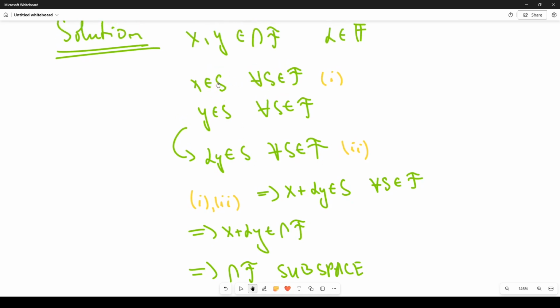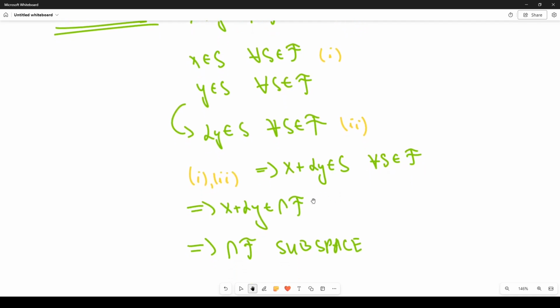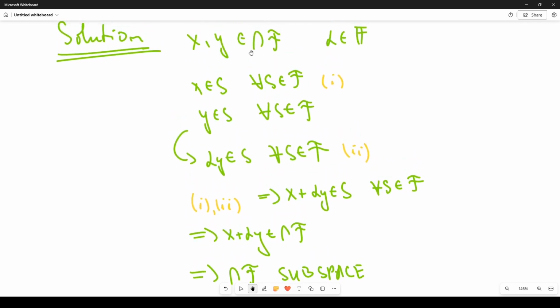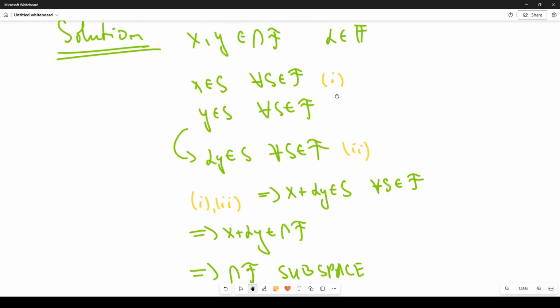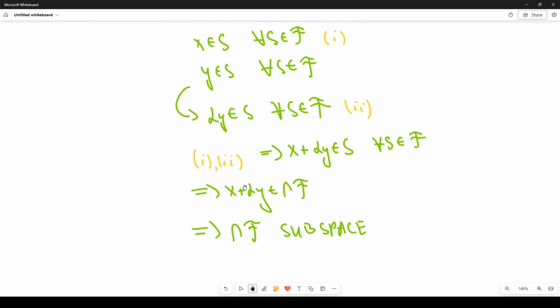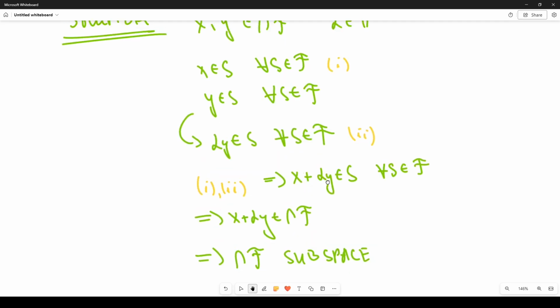Since S is a subspace, we have that this sum belongs to S for every subspace in F. So, since this belongs to every subspace in F, that means that it belongs to the intersection of all of the subspaces in F. So, we have taken two arbitrary elements and a scalar, and we've shown that this belongs to the intersection. So, that means that the intersection of all of those subspaces is also a subspace.